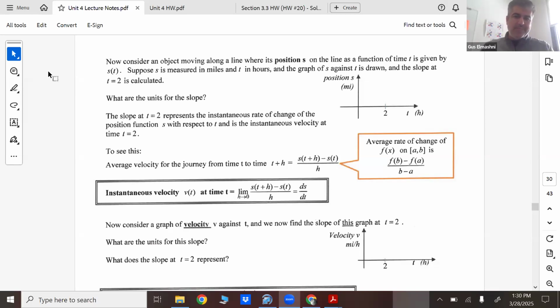So I'm going to just draw something crazy. Okay, so you think about the slope. What would the units of the slope be?